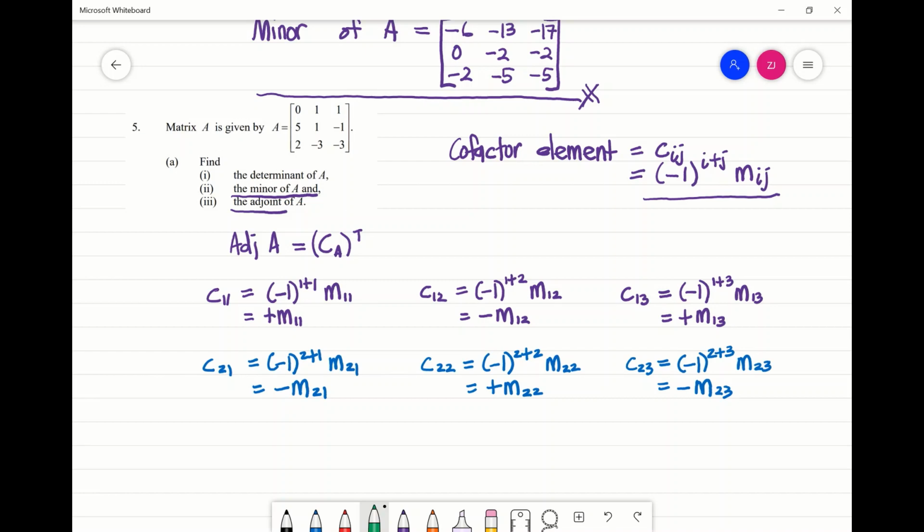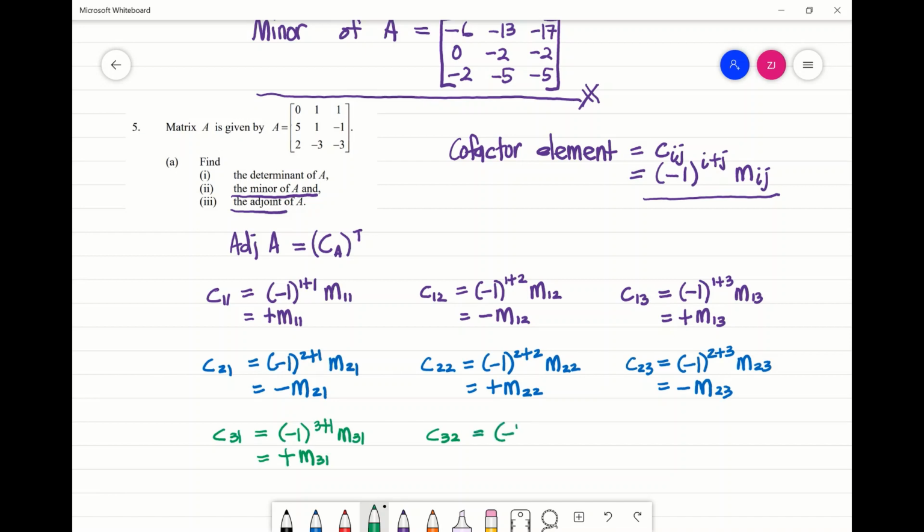And then lastly, we find the cofactor elements for the third row. So we have C31: negative 1 to the power of 3 plus 1 times M31. So we have negative 1 to the power of 4, which is positive M31. And then we find C32.